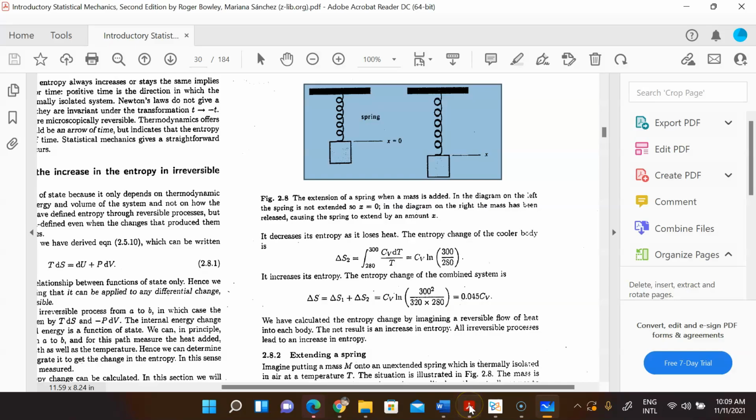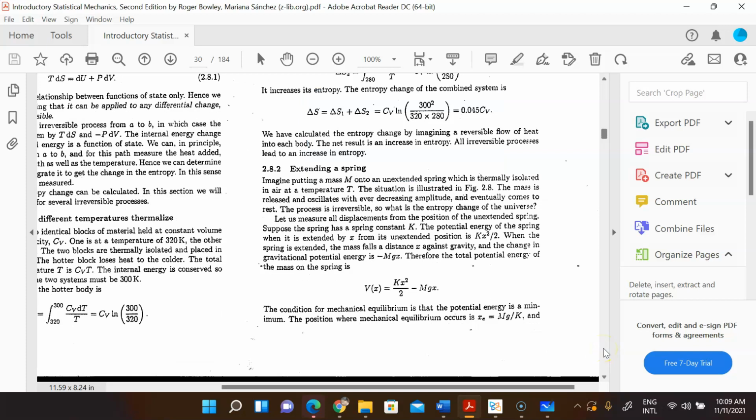Continue. I hope it doesn't prompt for my password. I have to look it up. Okay, this is taking too much time. So let me go to the book itself. I think the last part of the book. Can you see the book now?